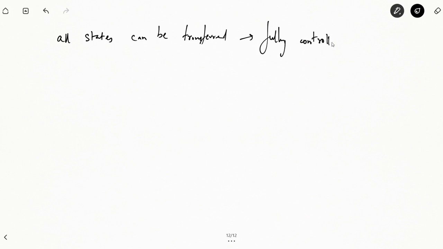Being more precise, if all states can be transferred, it is known as fully controllable. If only some states can be transferred or controlled, from their initial value to their desired final values, then the system is said to be partially controllable.